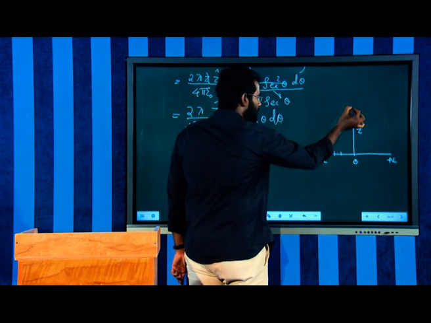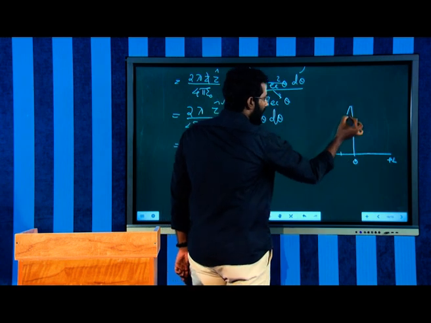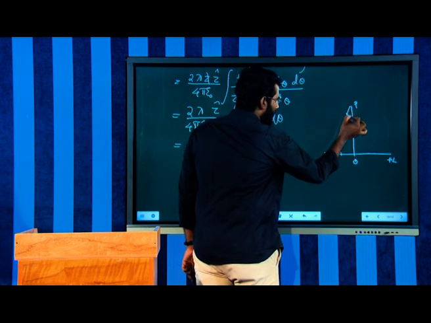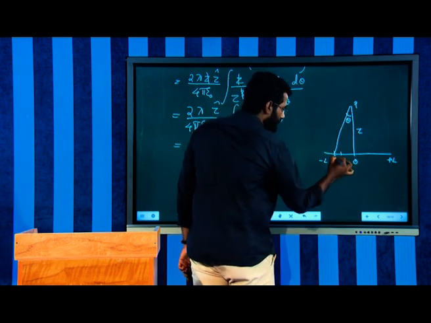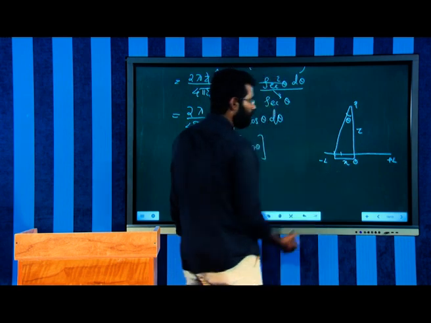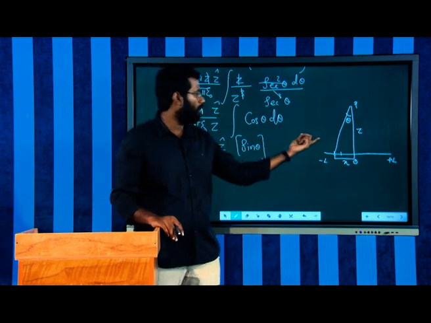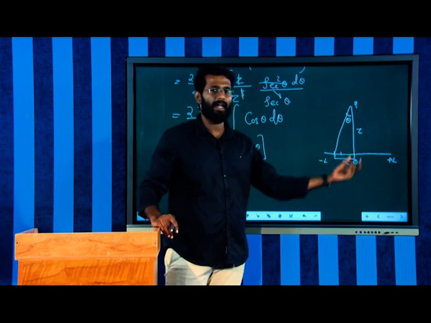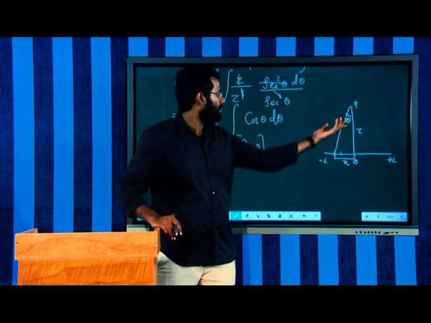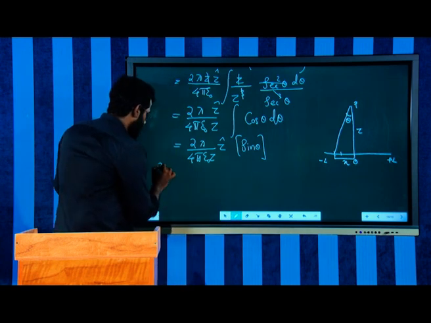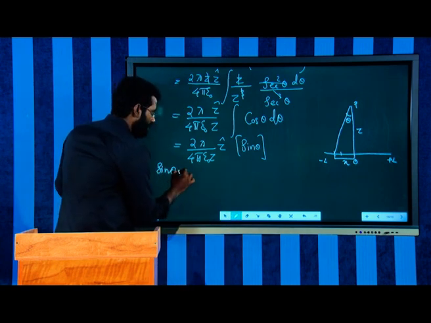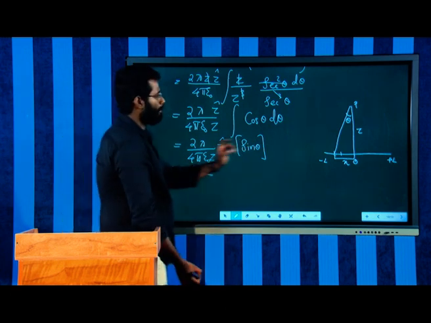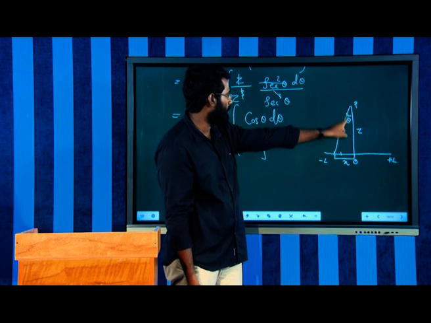From the dx we drew a line like this, and this is the point where the field has to be calculated. Now, this angle was theta and this distance was x. So from this triangle earlier we wrote tan theta equal to x by z. Now, from this same triangle we can write sin theta also. So, sin theta is equal to the opposite side, that is x, divided by the hypotenuse.